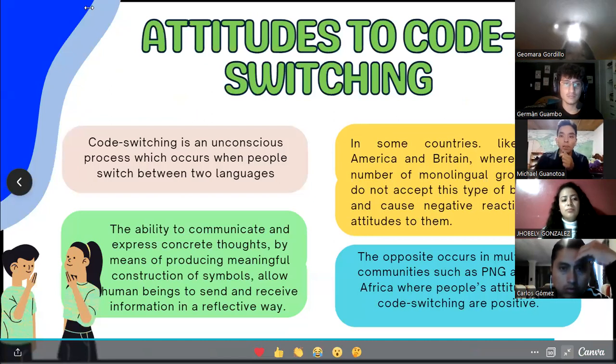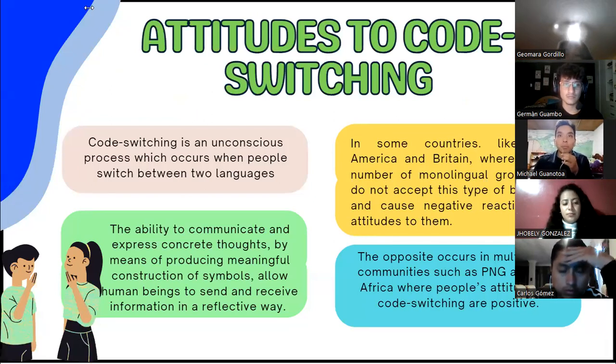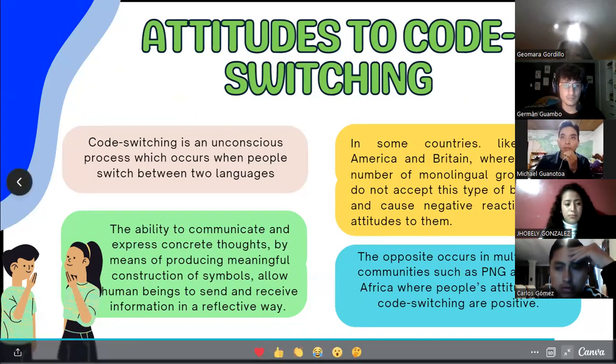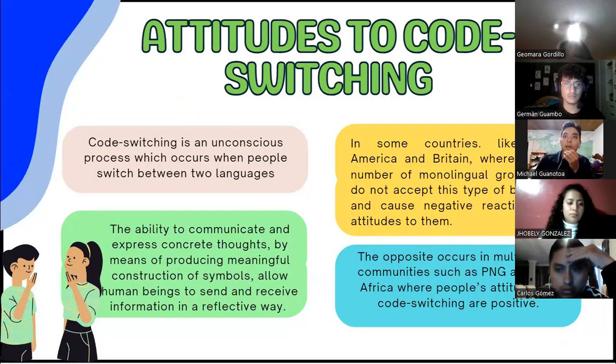Hello. Now we have attitudes to code switching. Remember, code switching is an unconscious process which occurs when people switch between two languages. But in some countries like North America and Britain, where a large number of monolingual groups live, people do not accept this type of behavior, which causes negative reactions and attitudes.